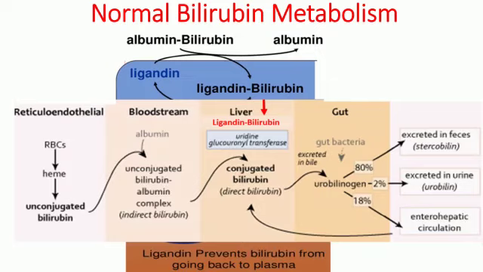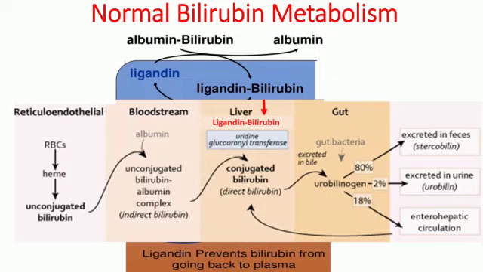It comes into the bloodstream where it attaches to a protein, albumin. After becoming attached to albumin, it is now in circulation. It can easily circulate, but it is still known as the unconjugated bilirubin albumin complex or indirect bilirubin.